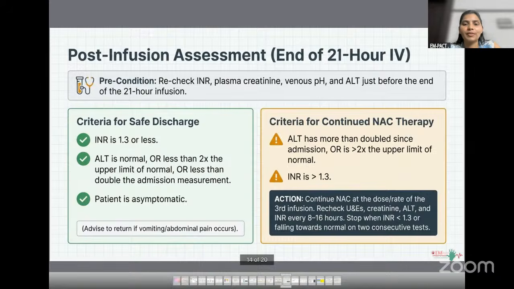Those who have a raised ALT, more than 2 times the upper limit of normal, or the INR is prolonged more than 1.3, or the patient is still having symptoms of acute liver injury, then you should continue the NAC therapy. How will you continue the therapy, and with what dose? That will be the same as the third infusion. Dose and rate will be the same.